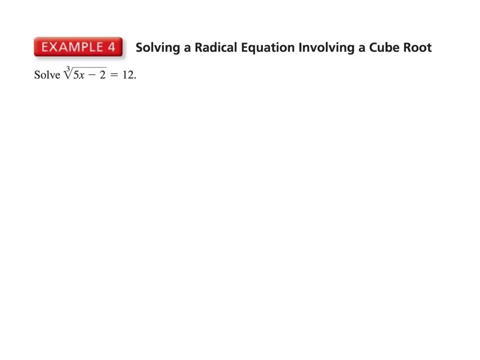Alright, solving a radical equation involving a cube root. Okay, here's a cube root. So how do you think you undo a cube root? Well, you cube both sides. Now I have 5x minus 2. The radical disappears, and I have 12 cubed. So 12 times 12 times 12 is 1,728.